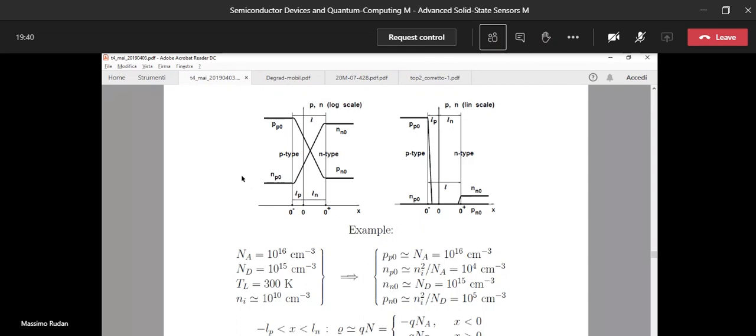So if you look at the upper left part of the figure, the constant value PP0 on the left is 10 to the 16th. The constant value N0 on the right is 10 to the 15th, because it is practically equal to ND.